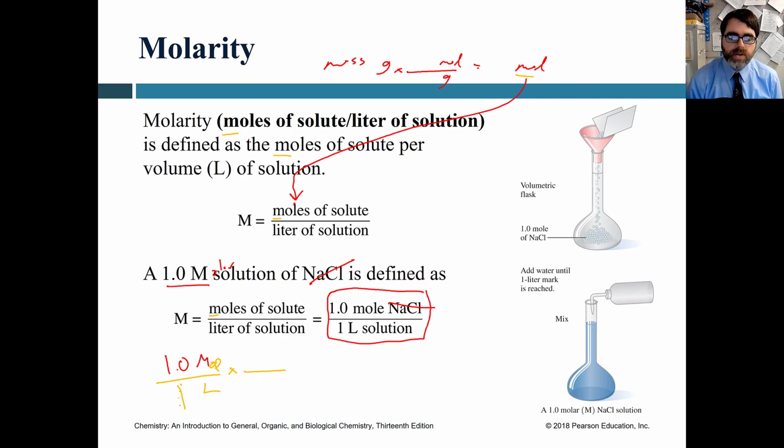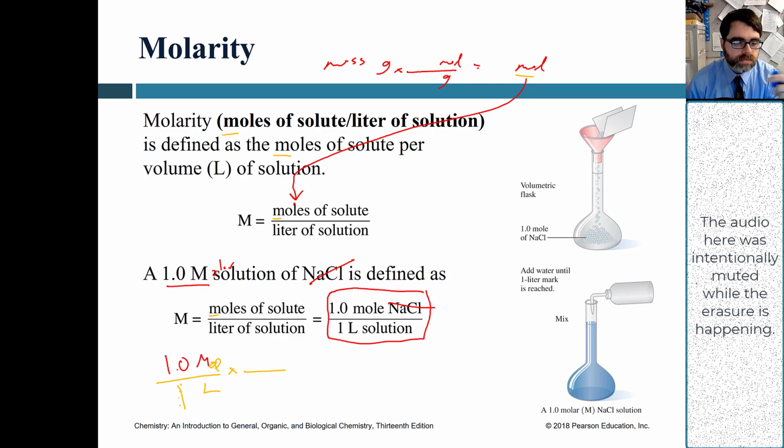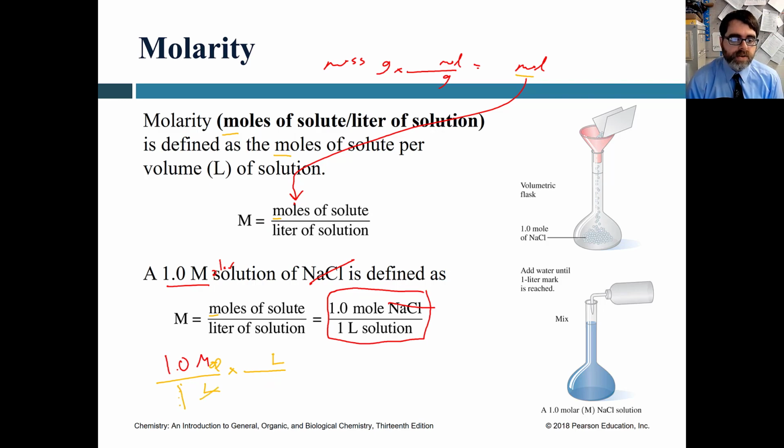We could do a calculation that gets rid of the moles down here if we need to, or we could do a calculation instead, work on canceling out liters here. And when we're doing stoichiometry type of calculations, frequently we'll need to do each of those.